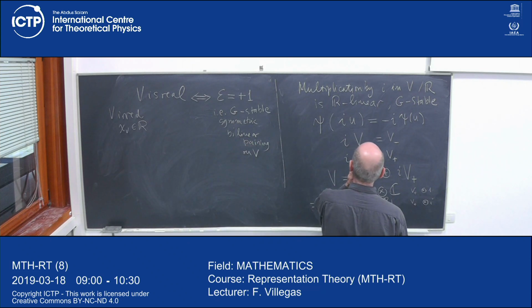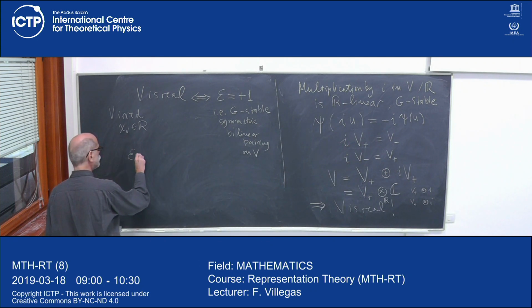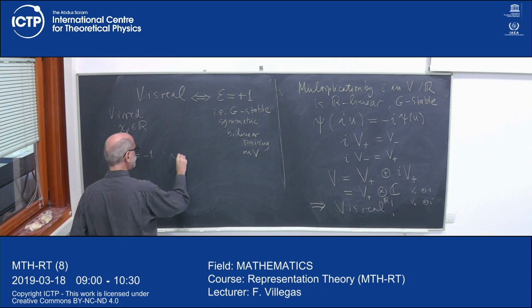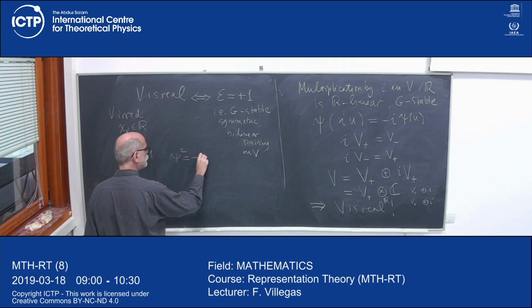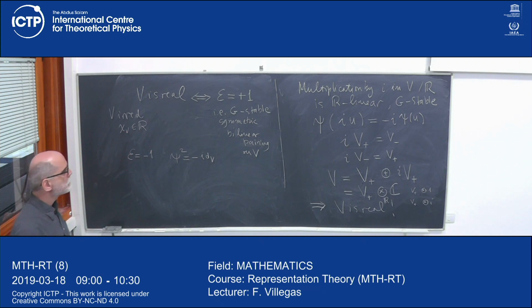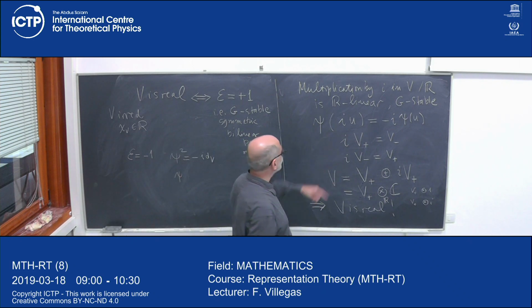Okay, now what happens if epsilon is -1? Well, now we have a map psi whose square is minus the identity, and the same thing applies here.